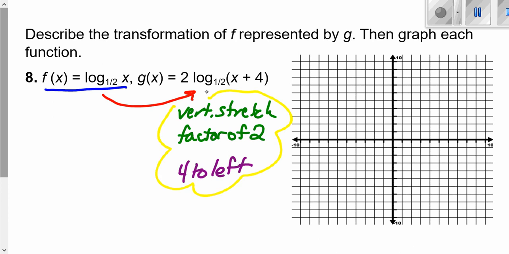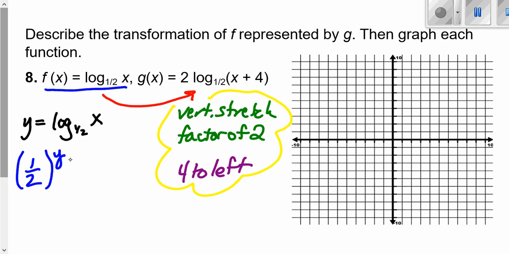Okay, but first we need to find our parent function. So our parent function is y equals log with a base of a half of x. If we write this in exponential form, the base is a half, a log is an exponent, so this is my exponent, and that's x.